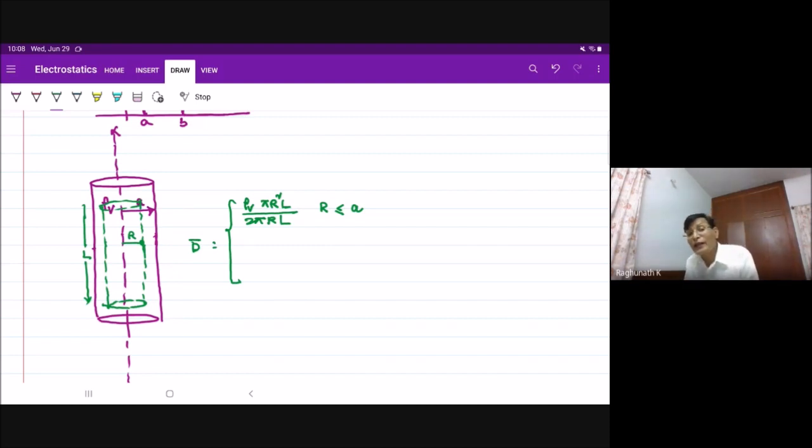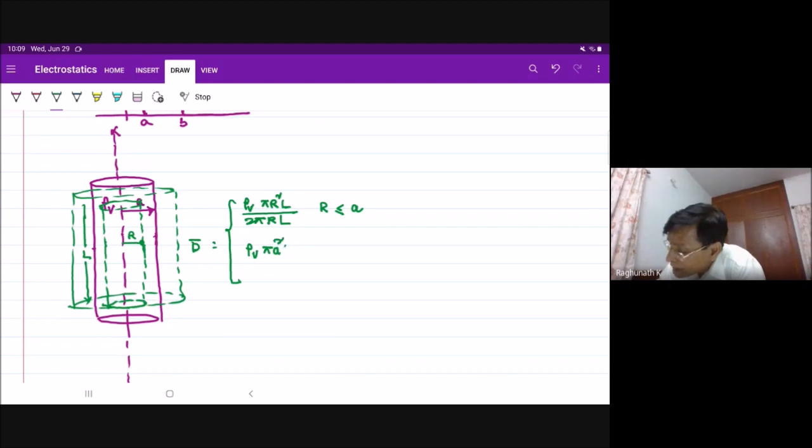Next, r greater than or equal to a. I have to draw a cylinder of radius r, coaxial to the original cylinder. What is it now? Rho v into pi a squared L, that's all, beyond which charge is not there.